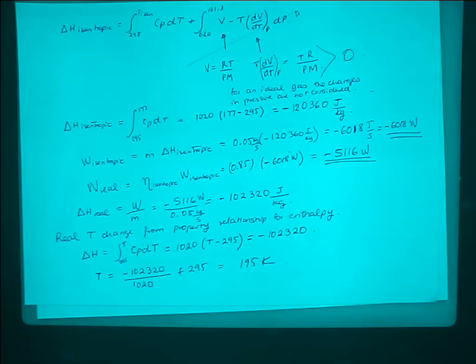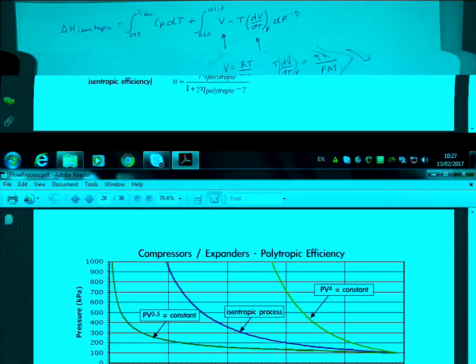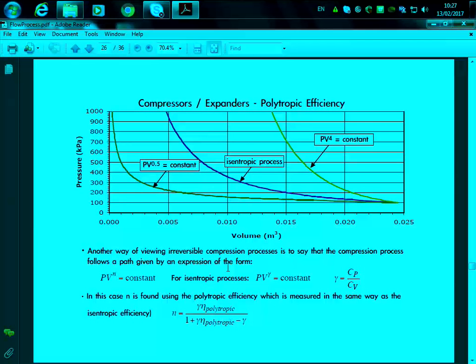Okay, so talking about multi-stage compressors, here we have an example of, first, before going to multi-stage, we'll go into compressors and expanders using the polytropic efficiency. I'm not sure if somebody has already seen that in their previous degree, but this is another way to calculate what we have seen.